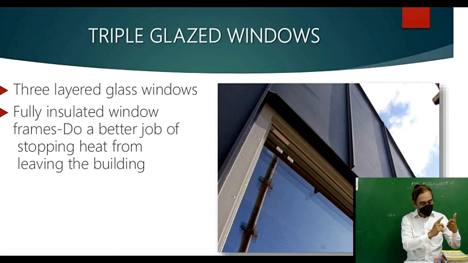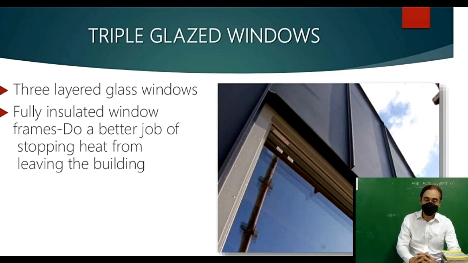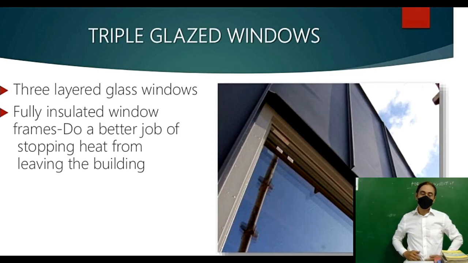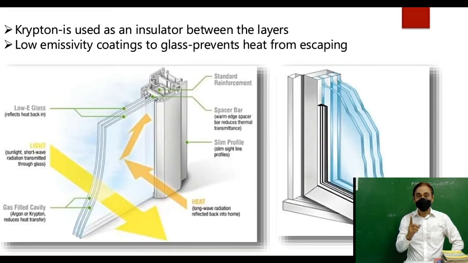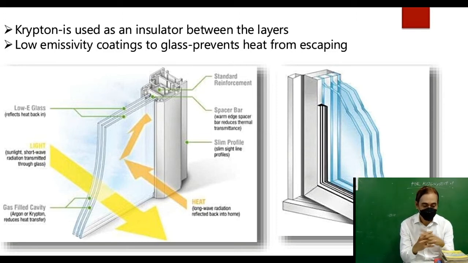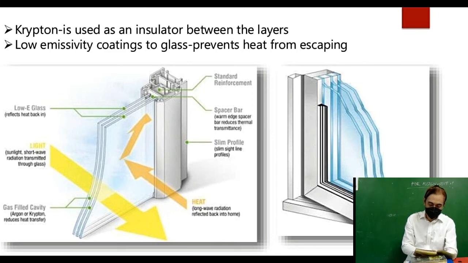The triple glazed windows are 3-layered glass windows with fully insulated window frames that do a better job of stopping heat from leaving the building. Krypton is used as an insulator between layers. A low emissivity coating on the glass prevents heat from escaping.